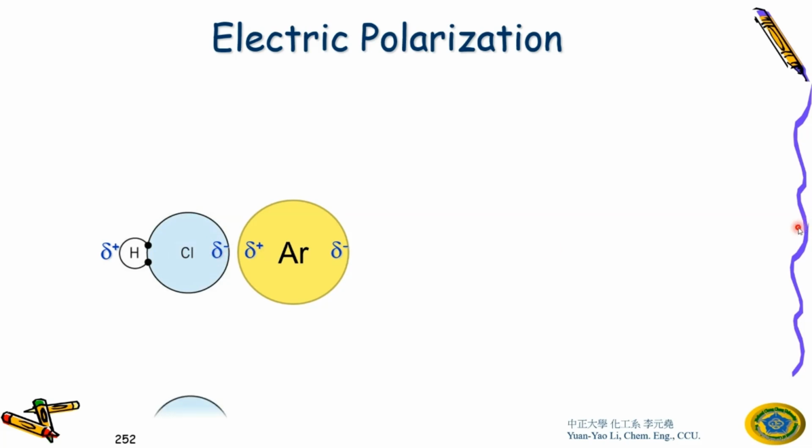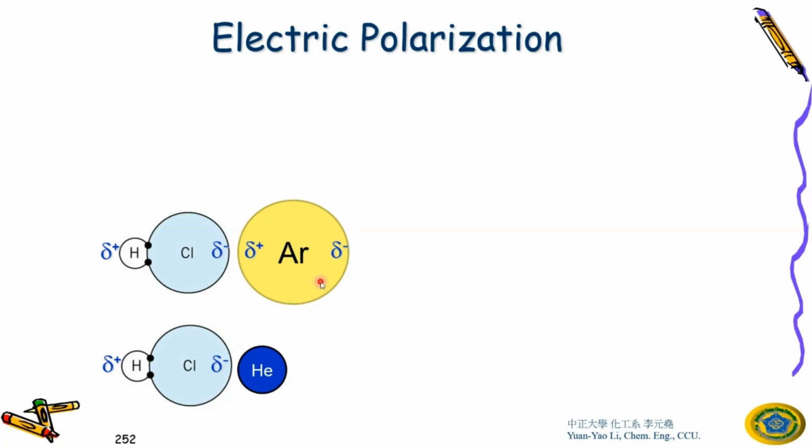Now I give you an example of helium, and I ask you a question. The energy between hydrogen chloride and argon, and the energy between hydrogen chloride and helium: which bonding energy is higher? This one or this one?